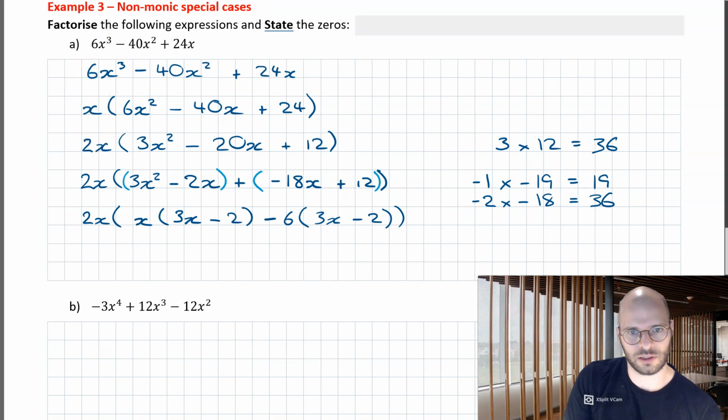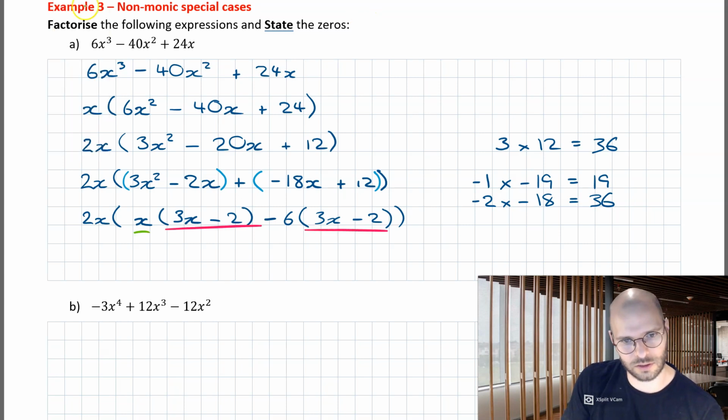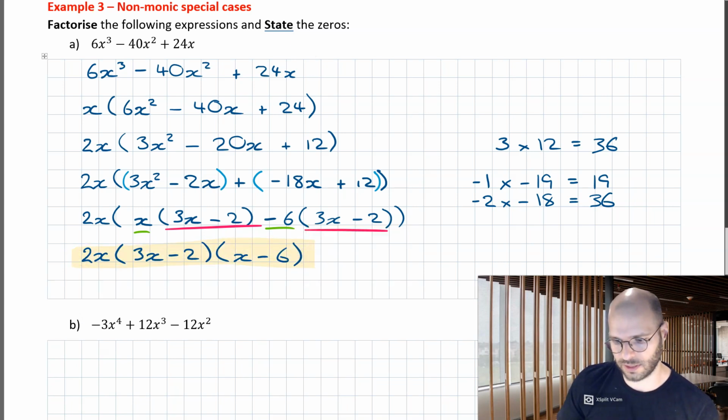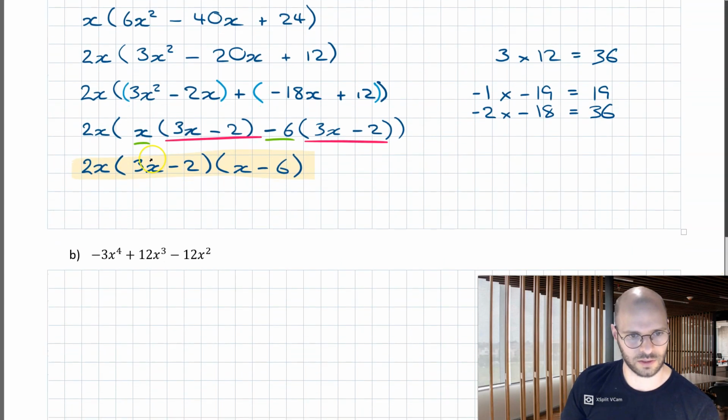Looking at what's common, these two are common. These are uncommon. 2x, 3x minus 2. And then we're going to have x. So there's our factorization. Okay, next we're going to look for the, actually we won't look for the zeros yet.